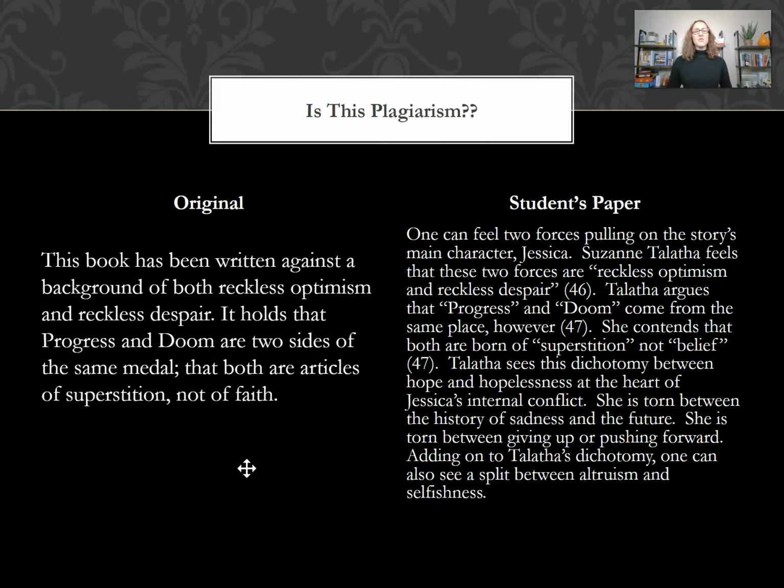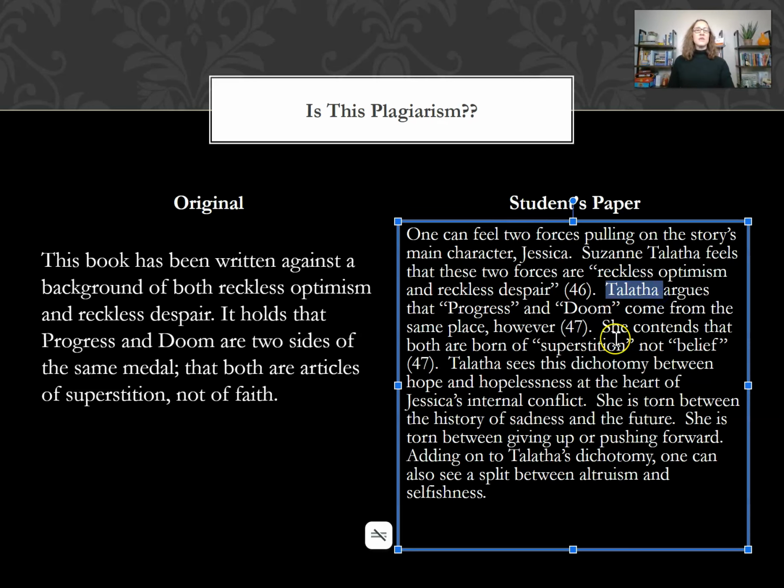Yes, this is fine. You'll notice we've got some heavy-duty quotation and citation going on here, interspersed with things like Talitha argues, she contends, Talitha sees this dichotomy between hope and hopelessness at the heart of Jessica's internal conflict.